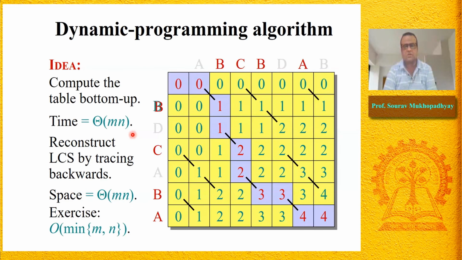In the pseudocode we have seen till now, we have not done this backtracking, because we simplified the problem: instead of finding the longest common subsequence, we find the length of the longest common subsequence, and that can be handled by DP. Once we get this length, then we can do the backtracking to get a longest common subsequence. Yeah, you are correct.